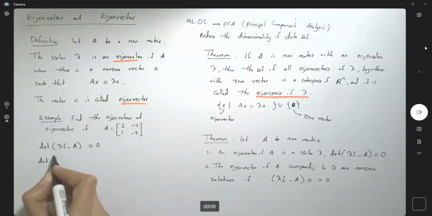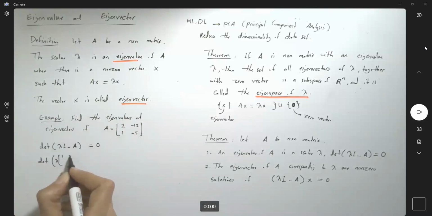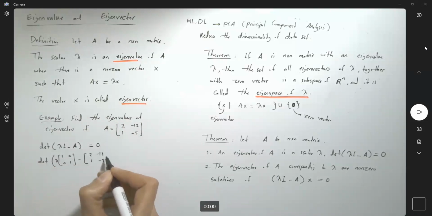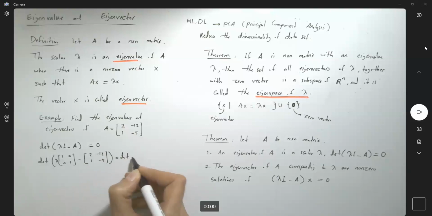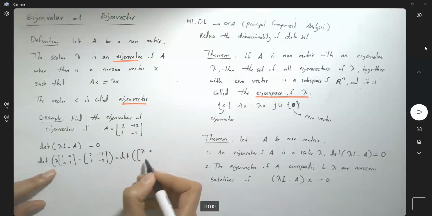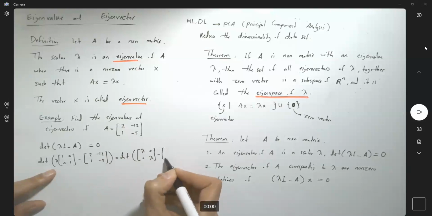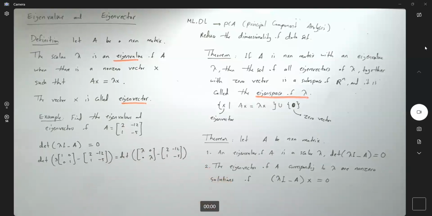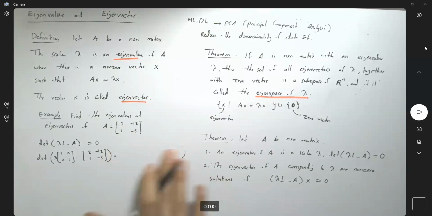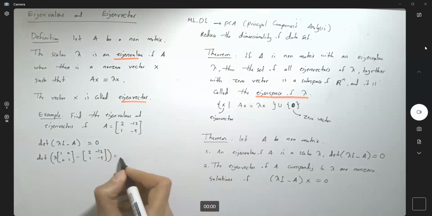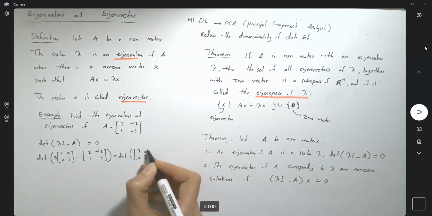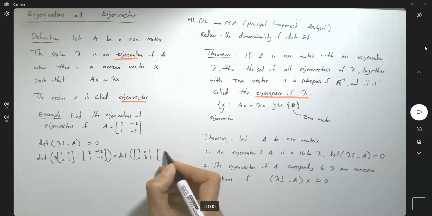So you are finding the determinant of lambda times [1, 0, 0, 1] minus matrix A, [2, 1, negative 12, negative 5], which is the determinant of [lambda, 0, 0, lambda] minus [2, 1, negative 12, negative 5].